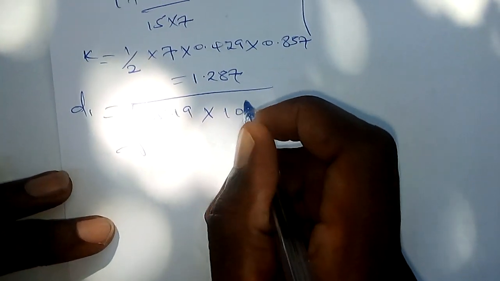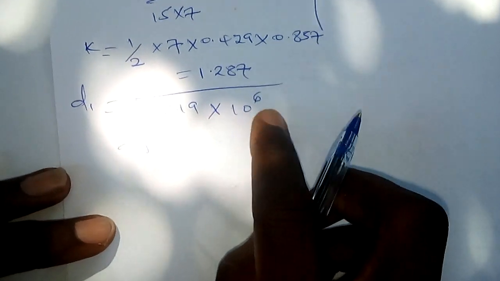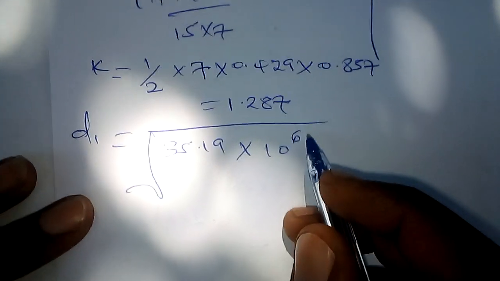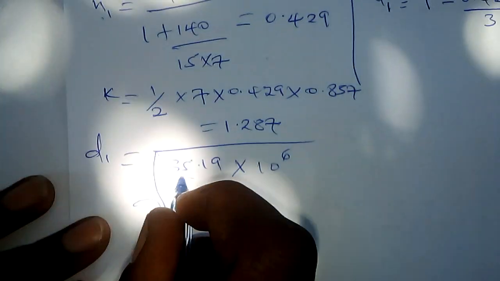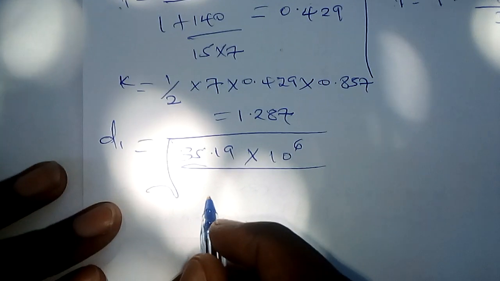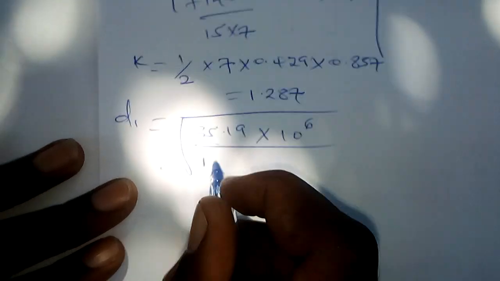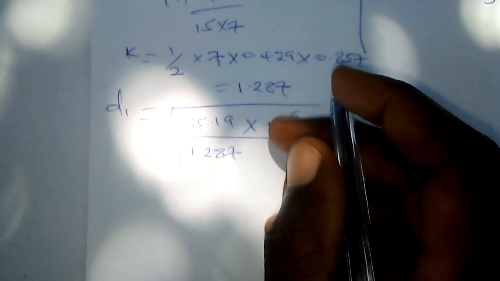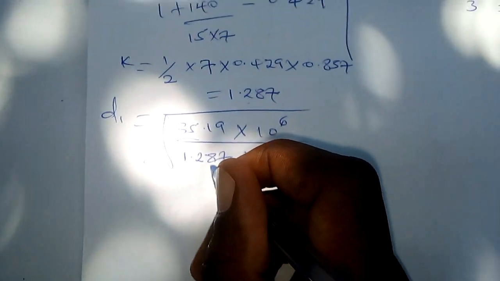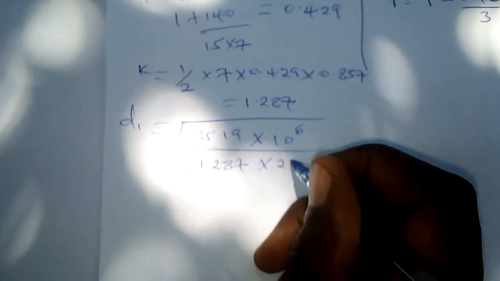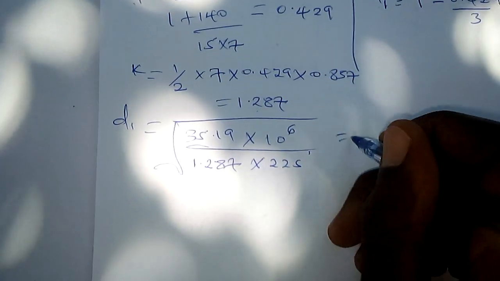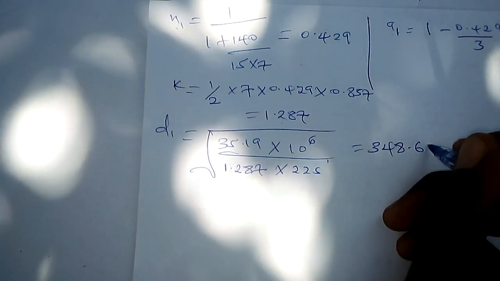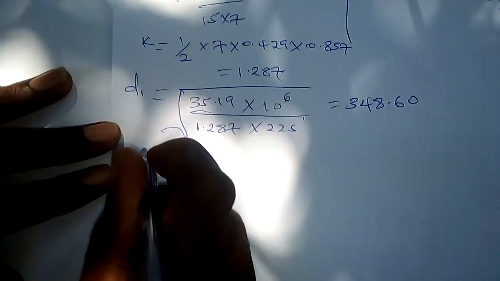We multiply by 10 raised to 6 to change into Newton millimeter. So we have 35.19 multiplied by 10 raised to 6 all over 1.287 multiplied by the breadth, KB. Now the breadth was 225. So you have your answer as 348.60.